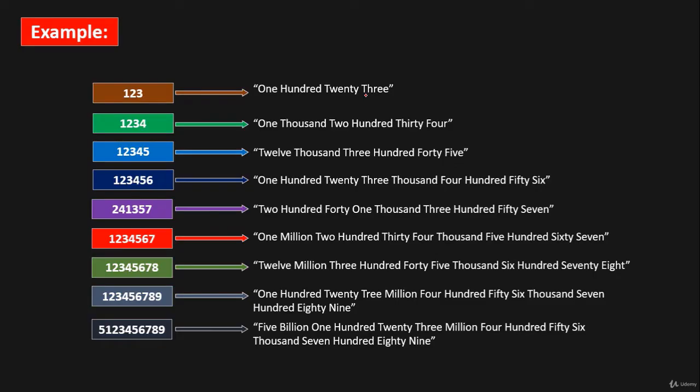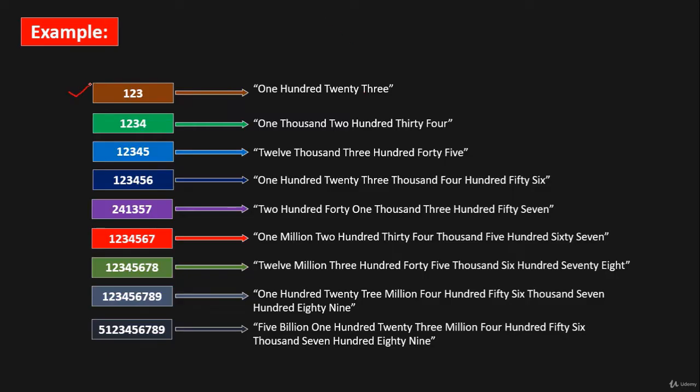Now how can we solve this problem? You might think this is a super difficult problem, but I don't think so. We have to solve this problem from right to left. First, we have to find out the value of the last 3 digits. We solve this problem 3 digits by 3 digits. For this integer we have 123.